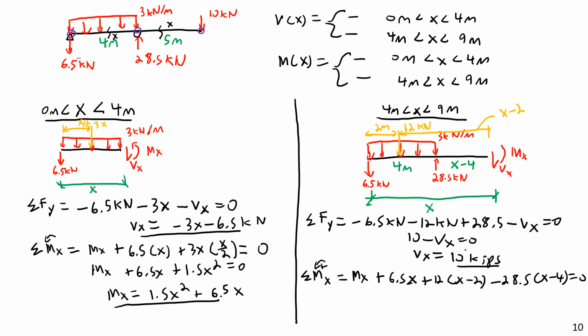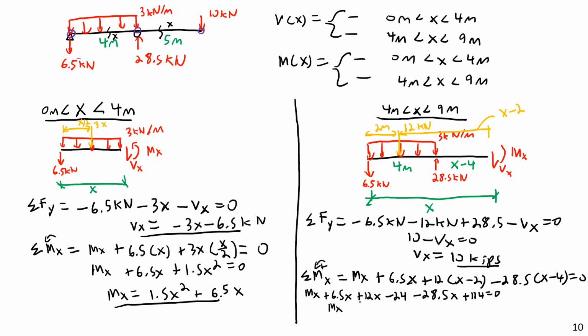Okay, so let's go ahead and get this. Mx, plus 6.5x plus 12x minus 24, I'm just multiplying across, minus 28.5x, and then 28.5 times 4. That comes to 114, plus 114 equals 0.